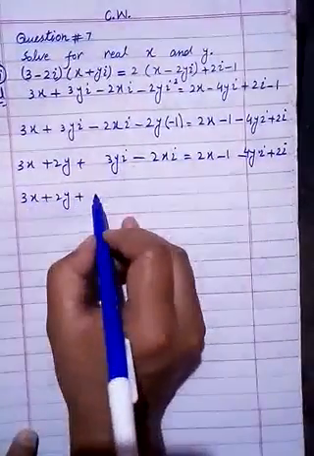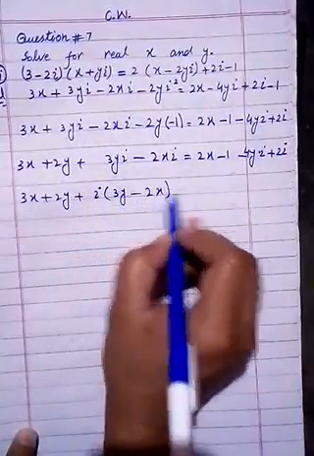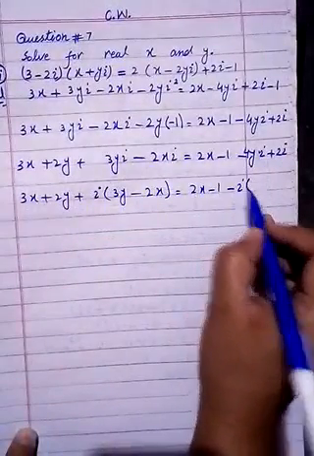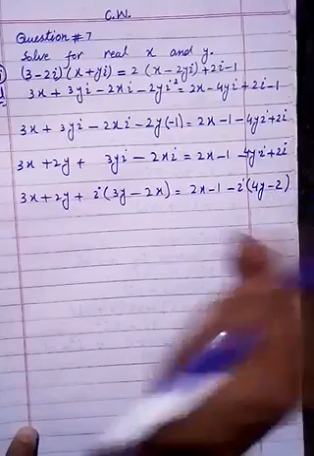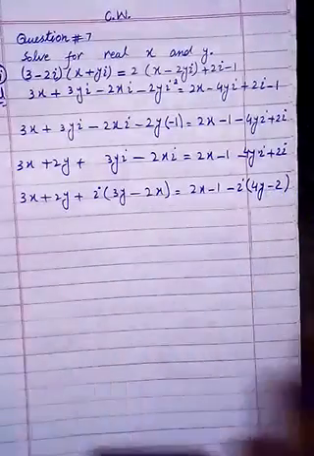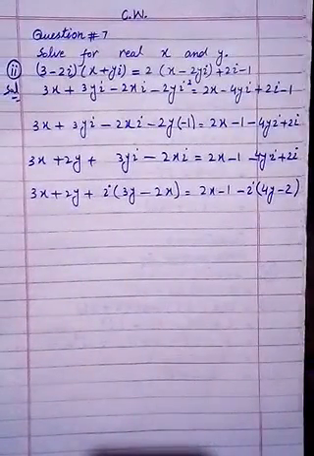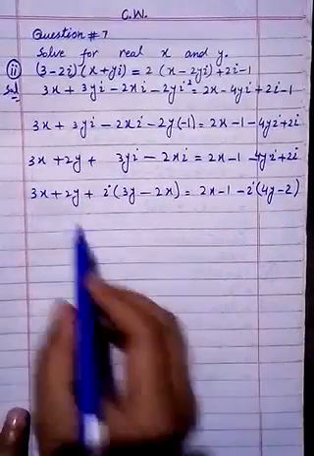Now taking iota as common, inside 3y minus 2x. Now 2x minus 1. Here taking minus iota as common, inside 4y minus 2. You are taking minus as common, so inside the sign will be changed. When you close the bracket and outside is minus, then inside the sign will be changed. When outside is minus and you open the bracket, then inside the sign will also be changed.